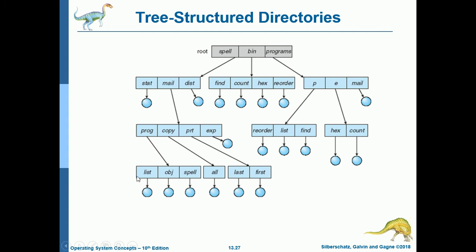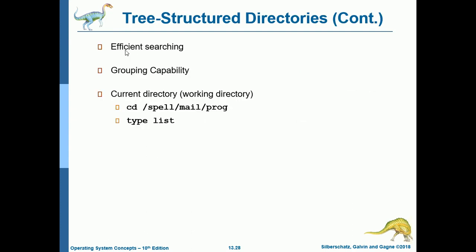For example, this is the root directory, and then we have mail, and then mail has PRT and it has another directory for first and then the file. But also it can be a combination: aside from a folder, there is also a file. So that is the tree structured directory. For tree structured directories, of course, we have efficient searching and we already have the grouping capability.